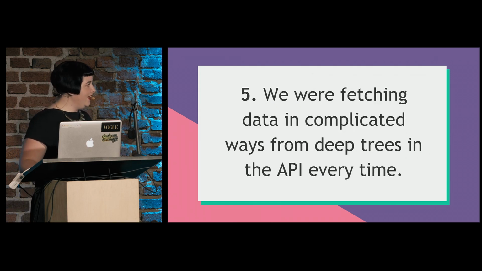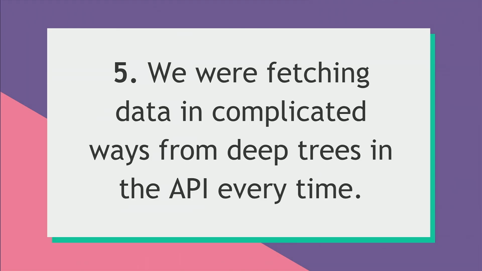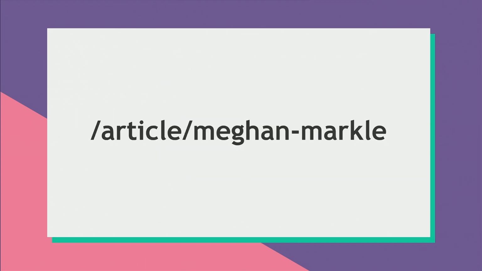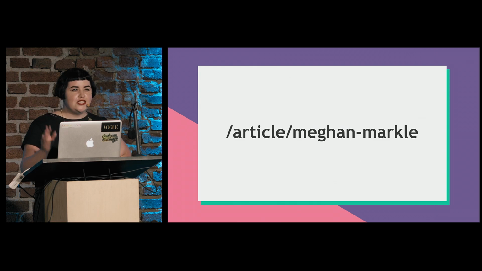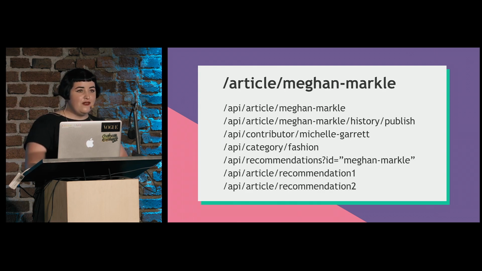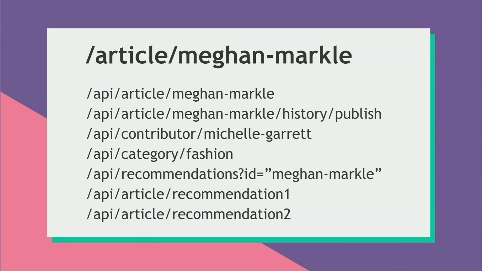Final problem is that we were fetching data in really complicated ways from deep trees in the API every time, which just as a sentence really stresses me out. So let's take an article about Meghan Markle. I don't know if she's a big deal here, but she's a big deal in the UK, especially for Vogue readers. So if we want to render an article about Meghan Markle, these are all the requests that we would have to make. So first we look up the Meghan Markle article, but then we also have to look up the publish history to get some specific publish dates for our analytics.